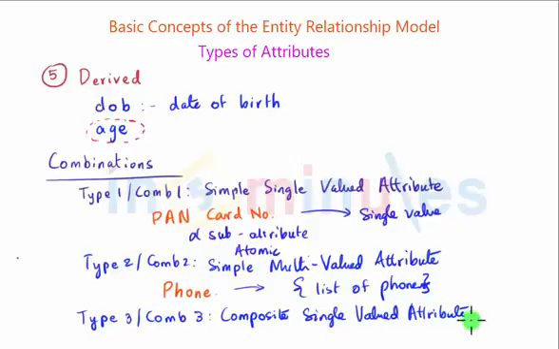It is a composite single valued attribute, and this is so because a name consists of the first name and the last name. Each of these sub attributes can just have single values. You cannot have multiple first names and multiple last names for the same person. So that is exactly why this is a composite but single valued attribute.